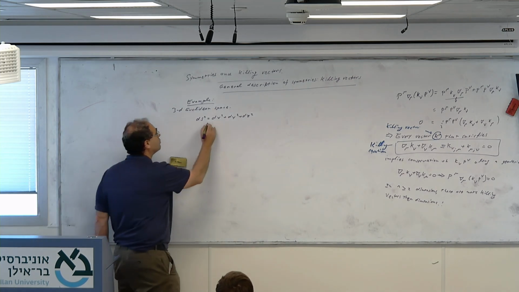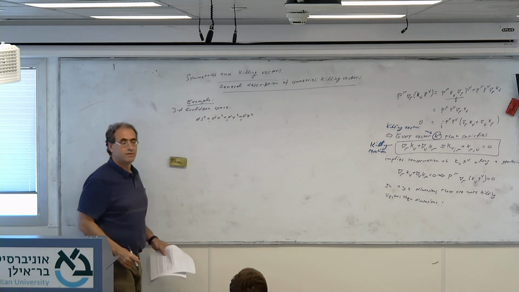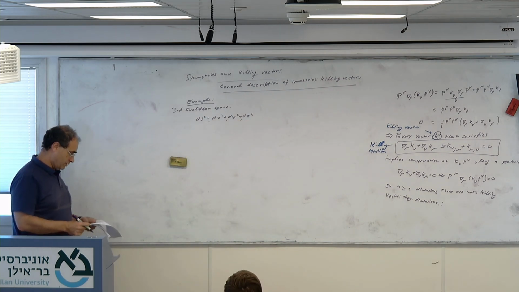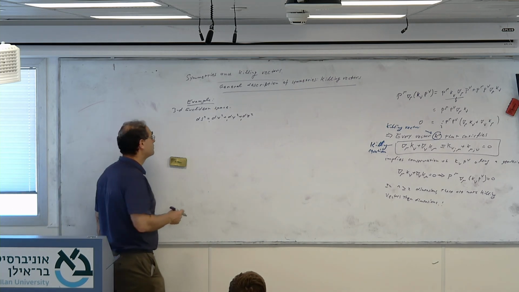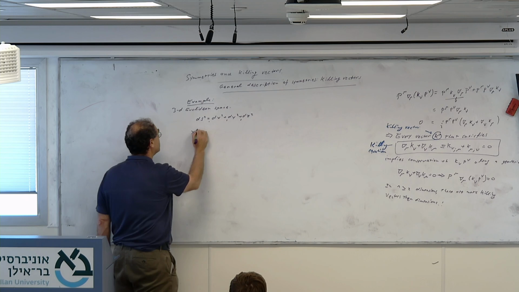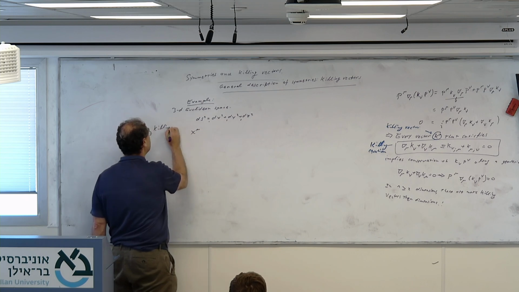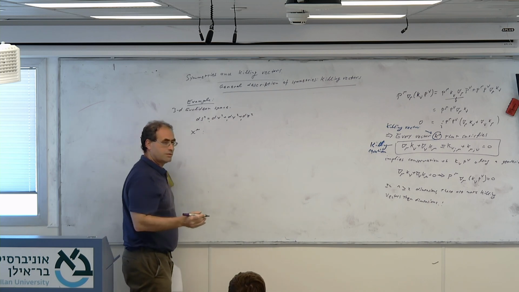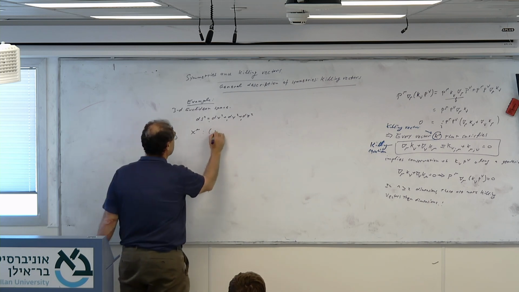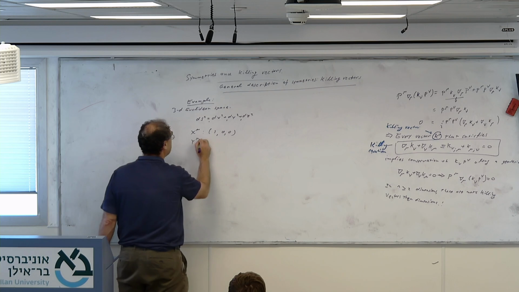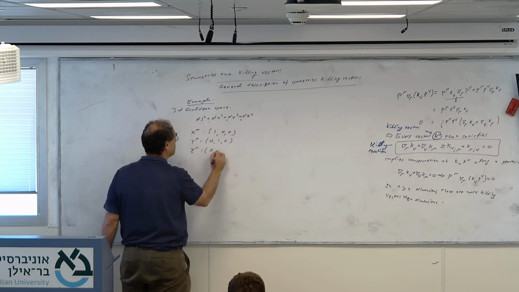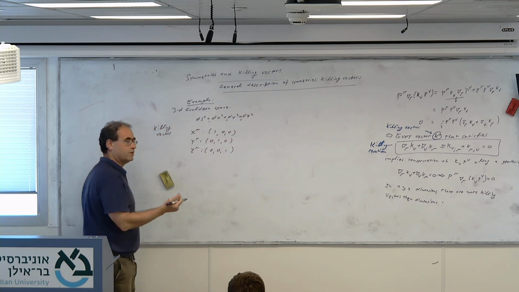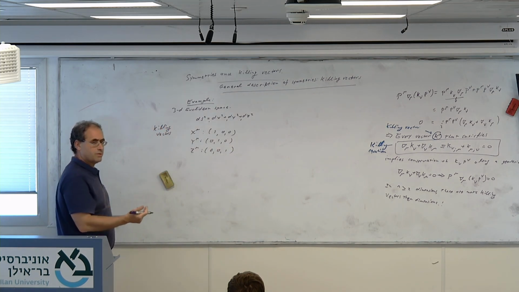The metric components are simply 1, 1, and 1. So they're all independent of x, y, and z. So the first three Killing vectors are (1, 0, 0), (0, 1, 0), (0, 0, 1). So in each direction I go, there is a symmetry. Nothing changes.